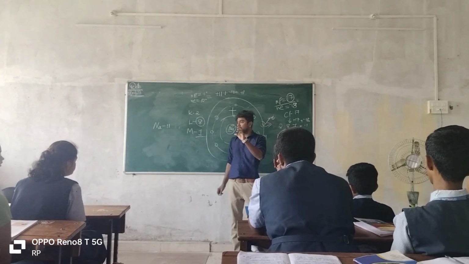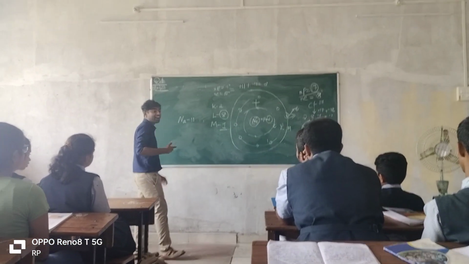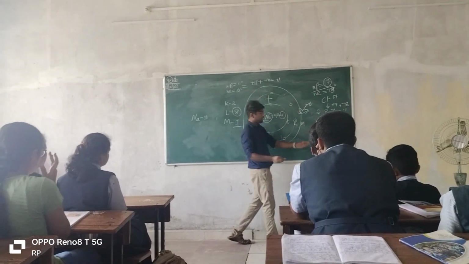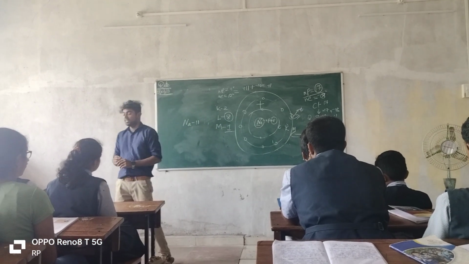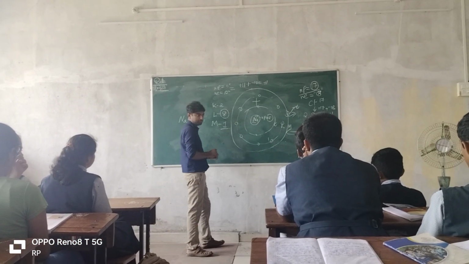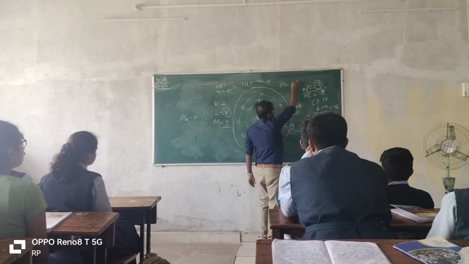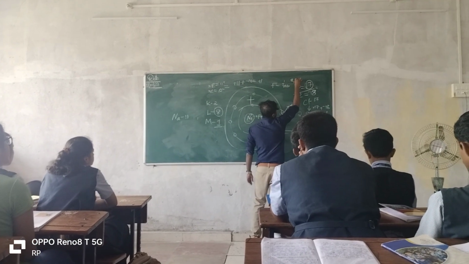I have already told you we have the electromagnetic force, which is the second largest force in our universe. If two charges are separated by a distance, then the electromagnetic force will come there. F is equal to 1 by 4 pi epsilon 0 Q1 Q2 divided by R squared.